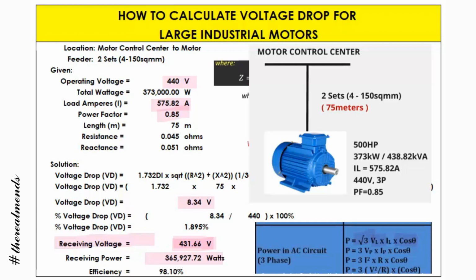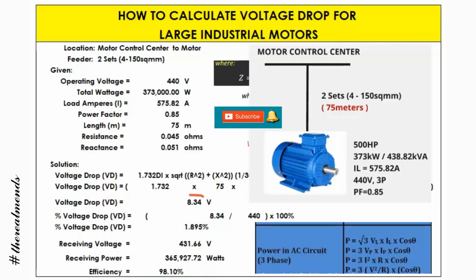And then after that, you can get the efficiency, which is the power output, itong receiving power, over the power input, which is 373,000 watts. And then you can have the efficiency of 98.10%.